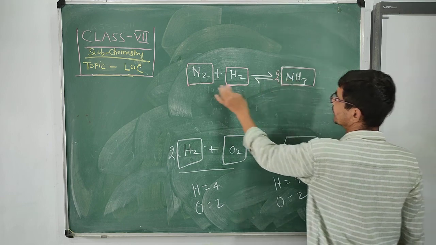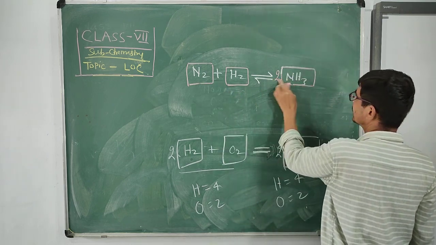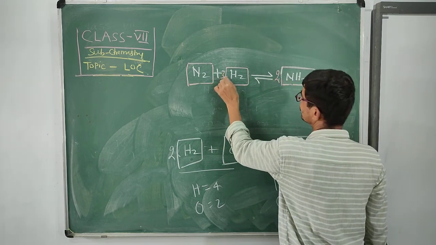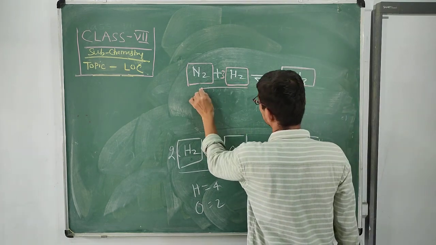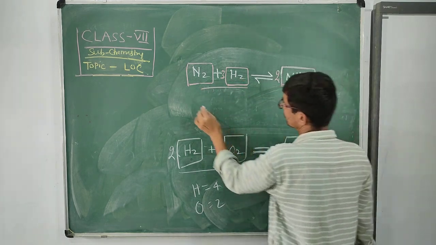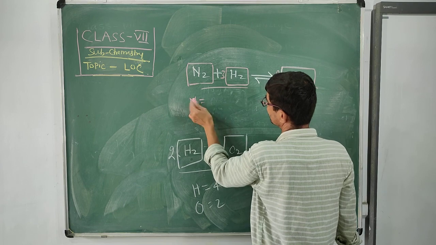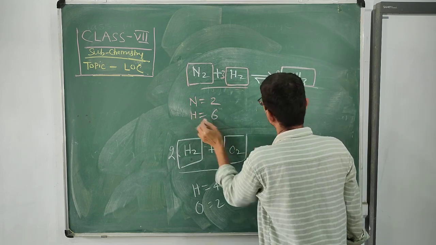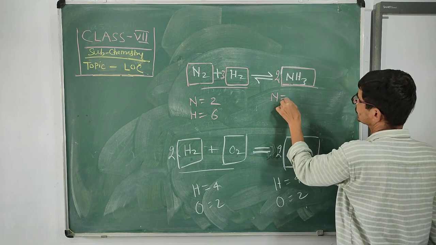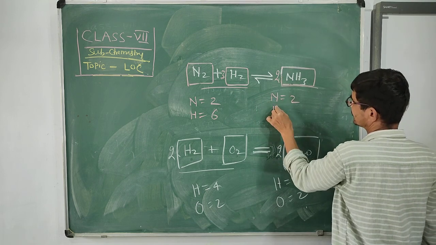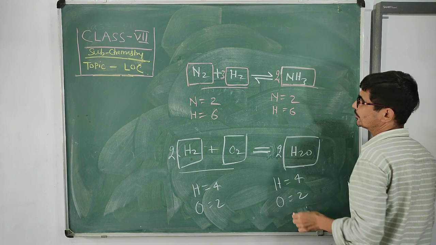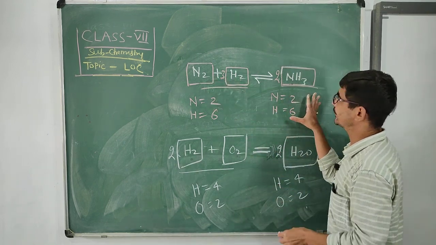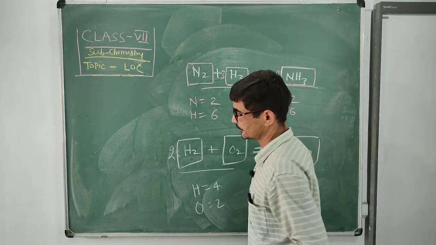Nitrogen is equal, but hydrogen is 3 times 2 equals 6. So this part is called reactant, this part is called product. Now the number of atoms in reactant side: nitrogen is 2, hydrogen is 3 times 2 equals 6. On the other side, nitrogen is also 2 and hydrogen is 3 times 2 equals 6. So the number of atoms in reactant side is equal to product side. So this is called a balanced chemical equation.